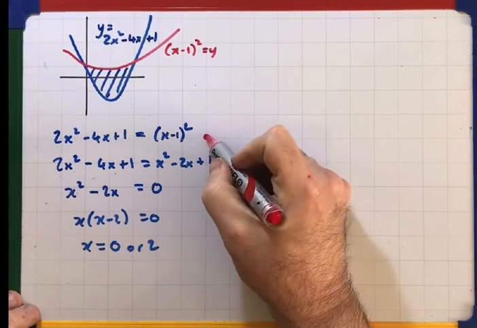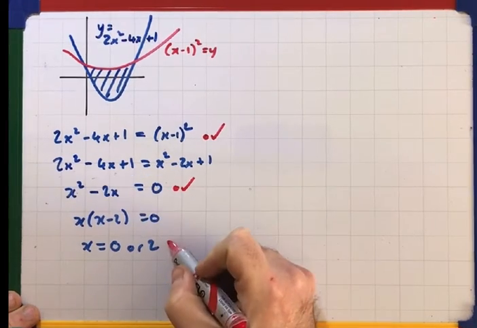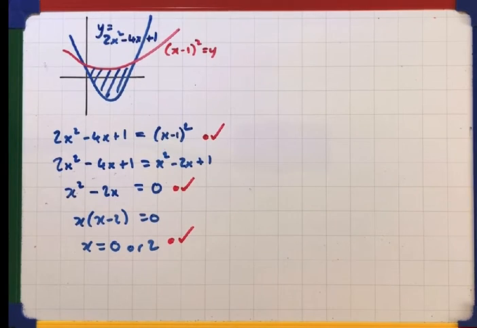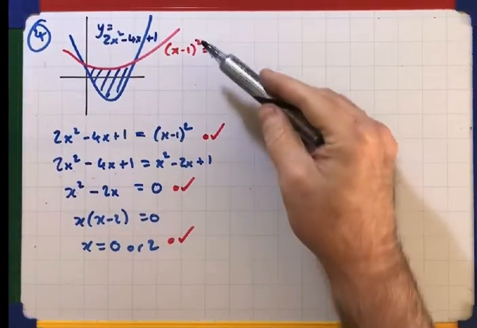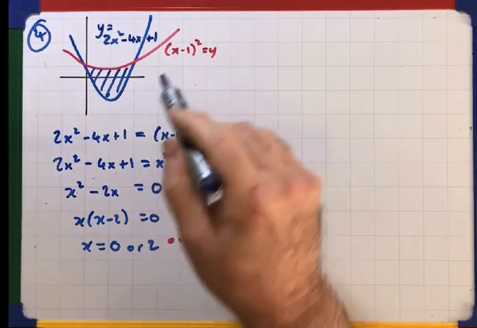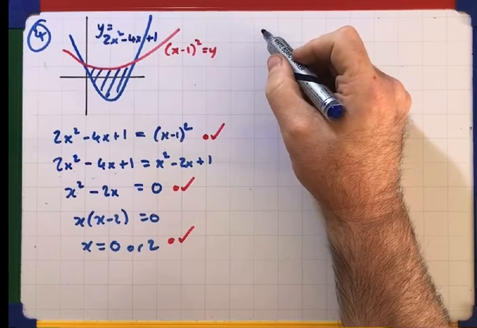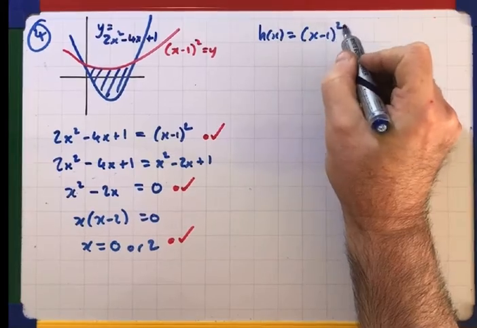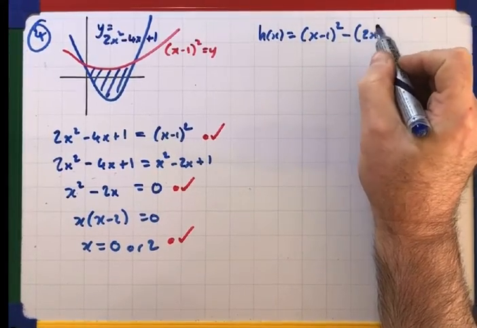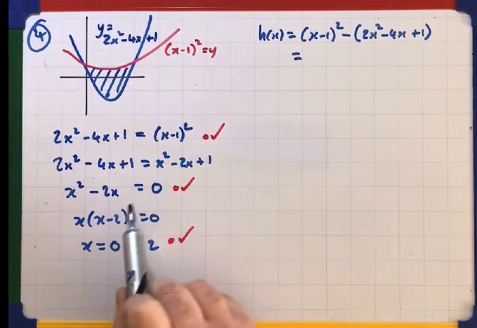Now, for putting the two equal to each other, I'll give you 1 mark, I'll give you another mark for tidying it up, and another mark for the two limits. So that's 3 marks for that bit. Now, if you remember, this is question 4, we said it's got to be the top one, take away the bottom one. So the actual function we want to work out is going to be x minus 1 squared minus the 2x squared minus 4x plus 1, which is just the negative of what we had down here.